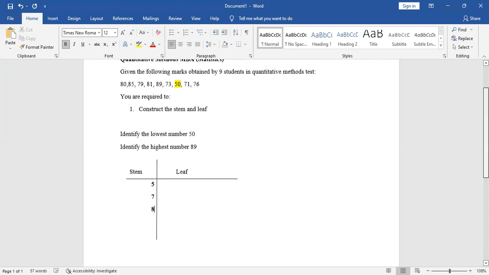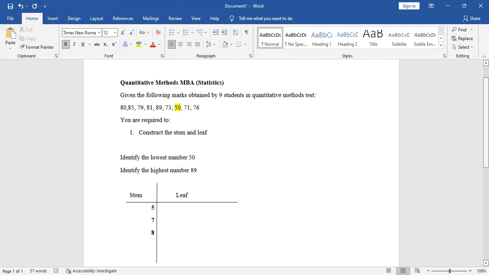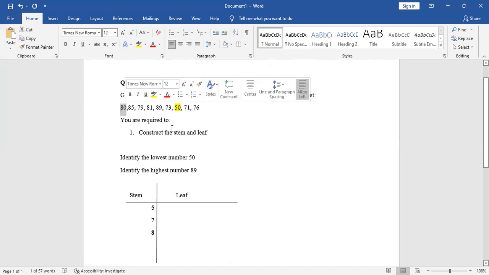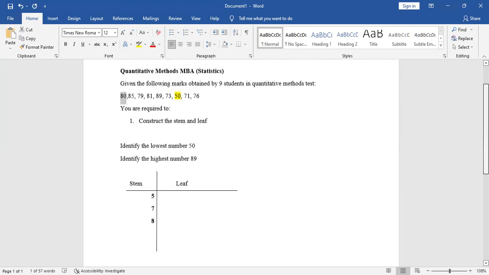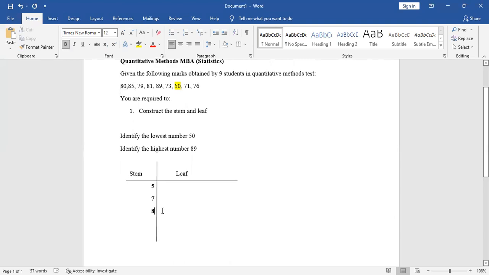Now from here, I'll start order by order with the first number. The first number is 80. On the 80s stem, I'll simply bring the 0 here, meaning that 8 and that 0 makes 80.